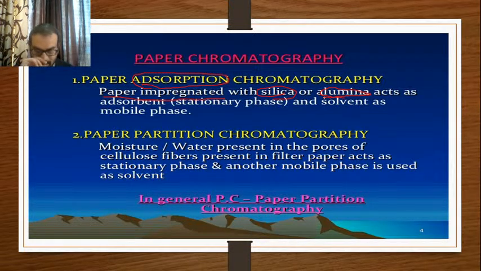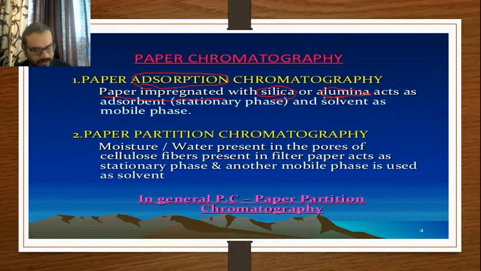As we all know, adsorption cannot be possible with a liquid stationary phase. So as soon as the word adsorption comes to mind, remember that the stationary phase must be a solid phase, a solid surface.